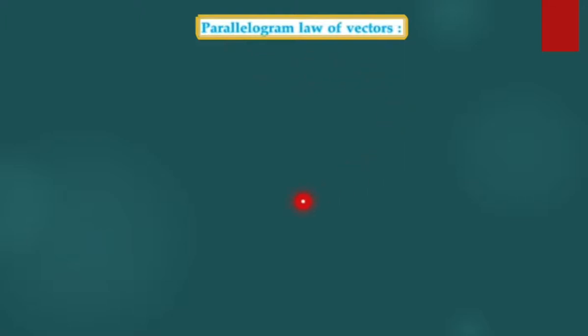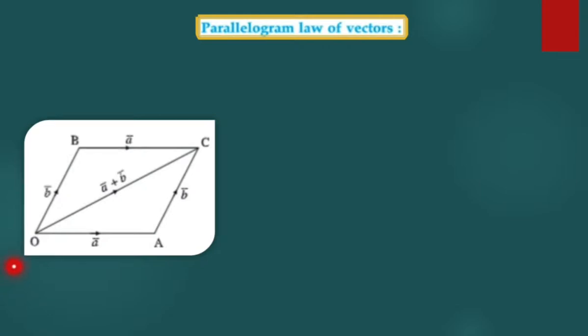Parallelogram law of vectors. This law we use in a parallelogram, when the diagonal of a parallelogram we have to find in terms of adjacent sides. So the diagonal vector is the sum of adjacent side vectors. Consider parallelogram OACBO.